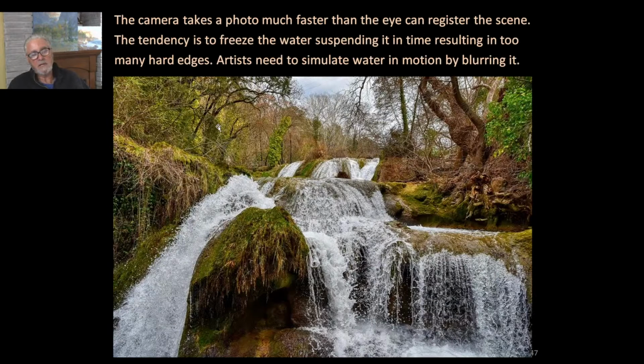Now, back to this. So you take the picture, and the shutter can open at 1/500th of a second. Not even a blink of an eye. But we don't see things like that. The camera is much faster than how the eye registers. Do this little example. Wave your hand in front of you, look at the wrinkles of your knuckles, and move your hand at the same speed that water would flow.